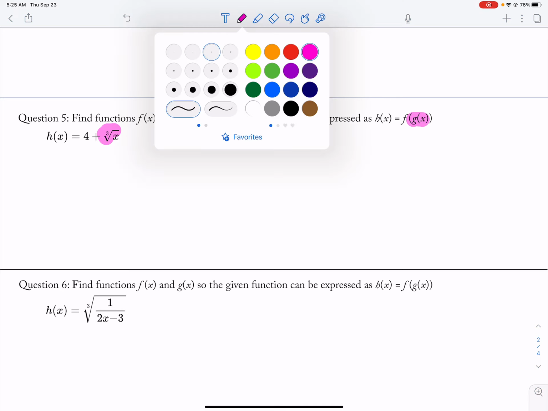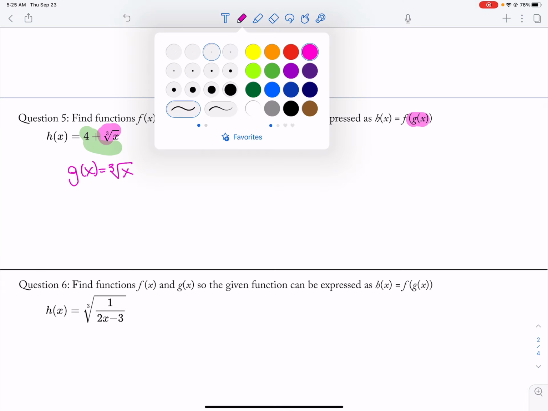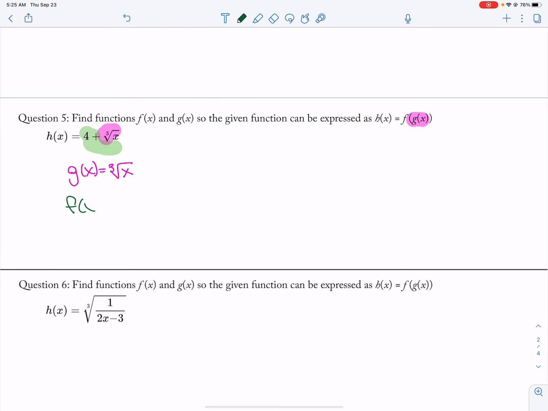So it looks like my g of x is equal to, or so not x cubed, the cube root of x. And then it looks like my outside function is this combination of 4 plus some sort of x. So it looks like f of x is equal to 4 plus x.